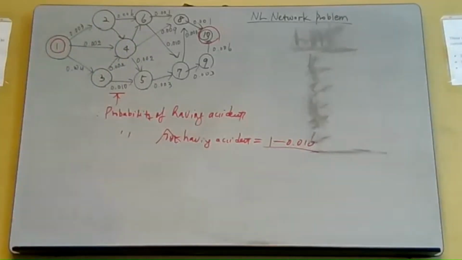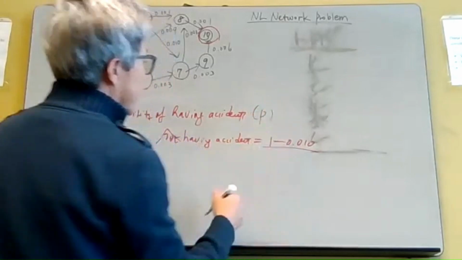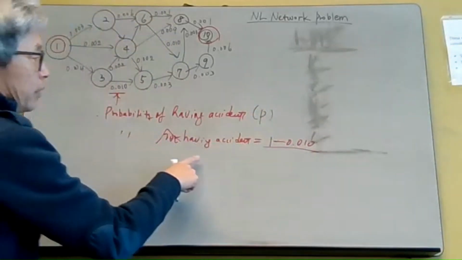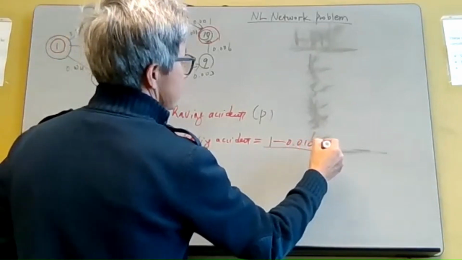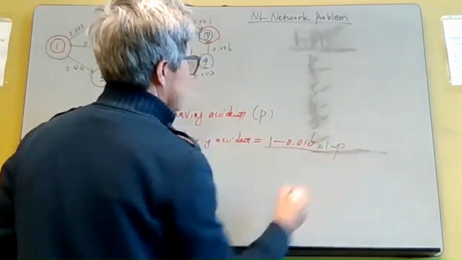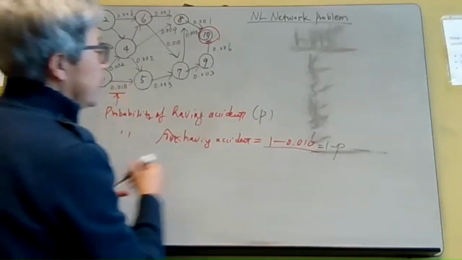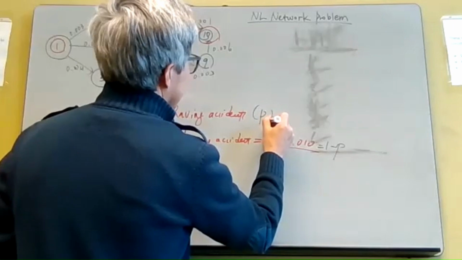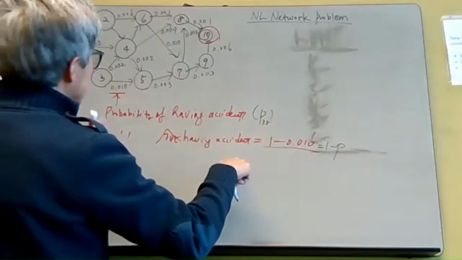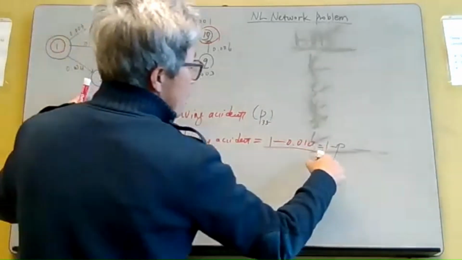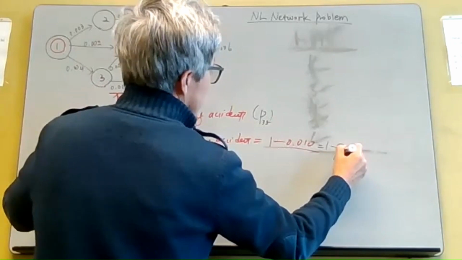So if we say the probability of having an accident is P, then the probability of not having an accident is 1 minus P. So actually these numbers, let's say node 3 to node 5. The probability of not having an accident from node 3 to node 5 is 1 minus the probability of having an accident, 1 minus 3.5.